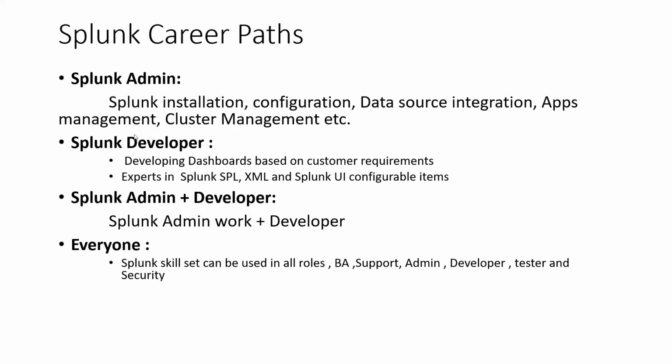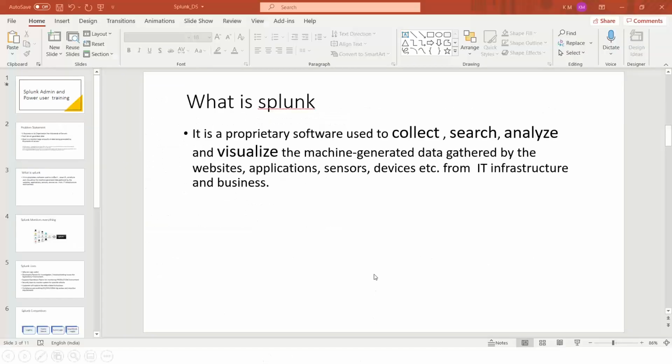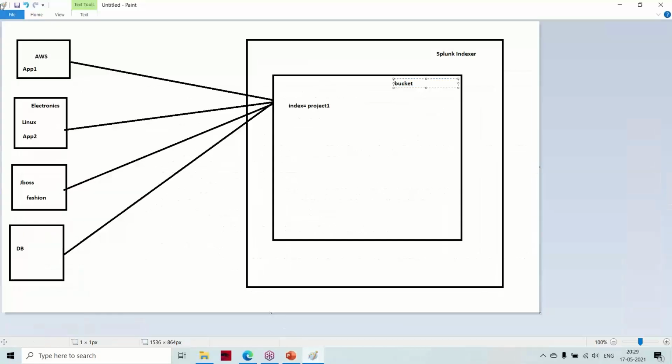If you look at the career paths, you will have something like Splunk admin. As I mentioned in my diagram, you will have some source system, and the logs need to be sent to Splunk. He will be doing that configuration. If I want to connect this system to here, there will be some agent present here and the data should come here.